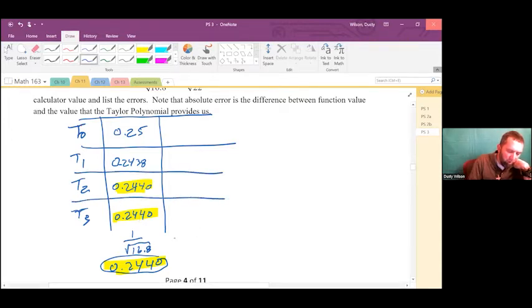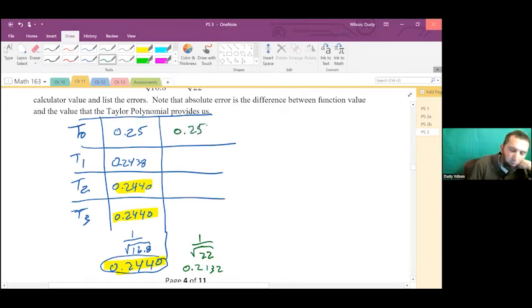How about if we looked at 1 over the square root of 22, which is, to 4 decimal places, 0.2132. So T naught in this case is going to again be 0.25, because remember, it's just a constant function.